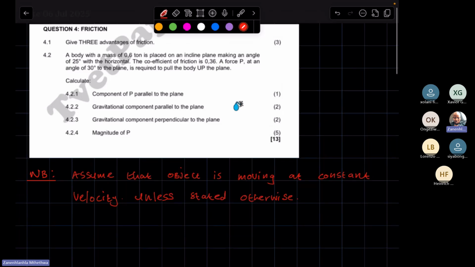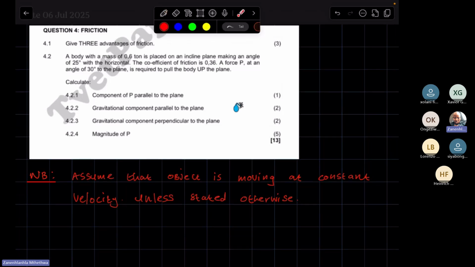Right? So now, when the body is moving at constant velocity, what does that tell us? A rhetorical question. If a body is moving at constant velocity, what does that tell us? What does it suggest?